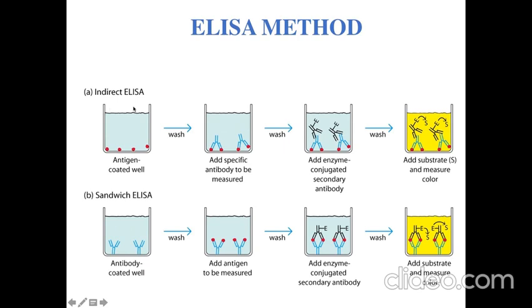So in the case of indirect ELISA, the antigens are coated along the wall of the well. The serum or blood sample is taken from the patient and poured inside this well. If the patient is really infected with SARS-CoV-2, then obviously the patient would have generated antibodies, which will attach to those antigens.